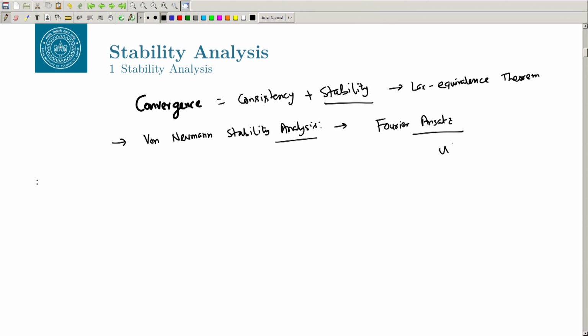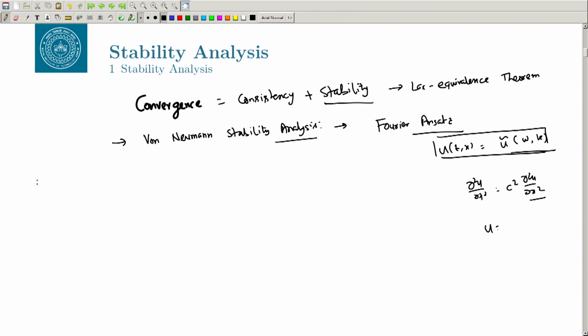So, you may have u of t and x, and that will be written as u tilde of omega and k. And why do we do that? It is because it is easy to analyze a wave than any arbitrary signal. For example, you might have solved the wave equation in school or college: u tt equal to c square u xx.